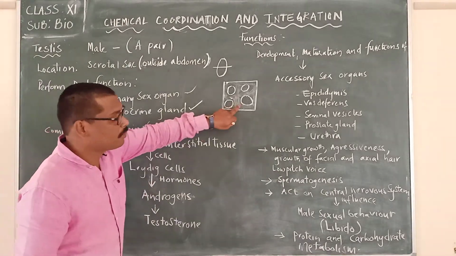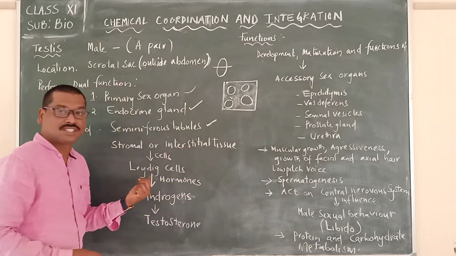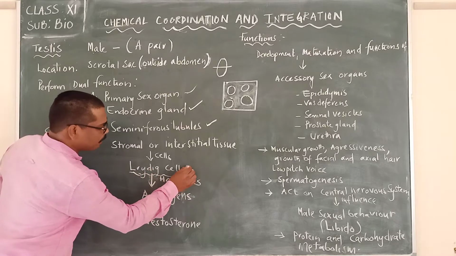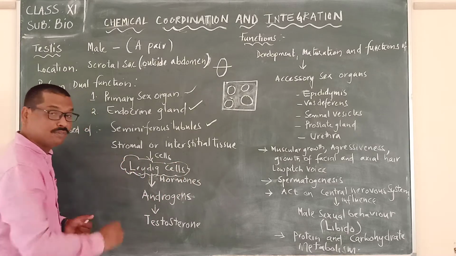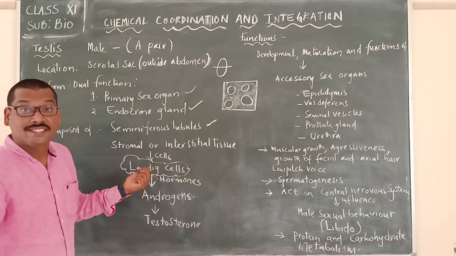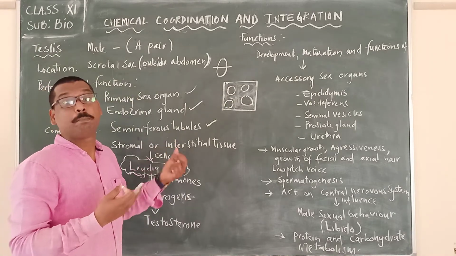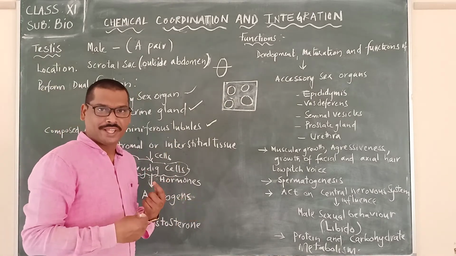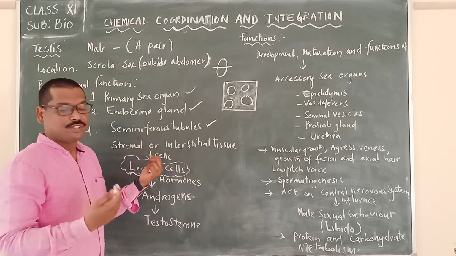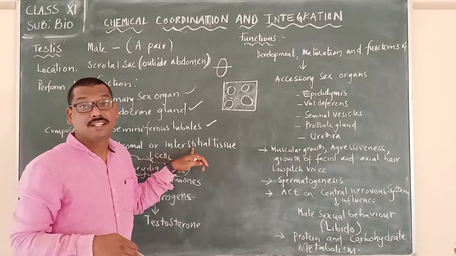Now this stromal or interstitial tissue consists of cells. These are special cells that we have to keep in mind, a very important type of cells. These are the cells present outside the seminiferous tubules, in the peritubular spaces, that is nothing but the stromal cavity or the interstitial tissue.